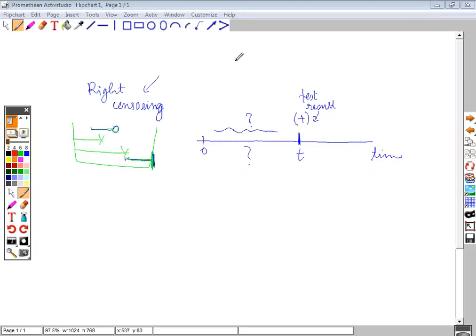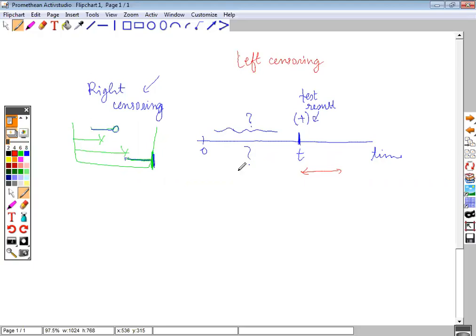This kind of censoring is generally known as left censoring. You know for sure the duration that this person will be positive with the virus, but you do not know exactly when this person caught the virus. The exposure to the virus, you have no idea when that precisely happened.